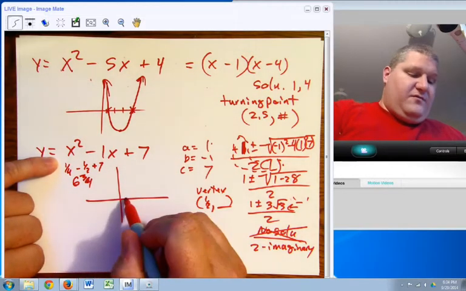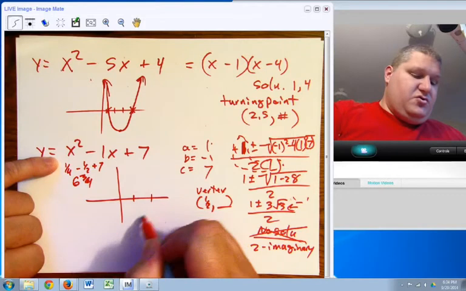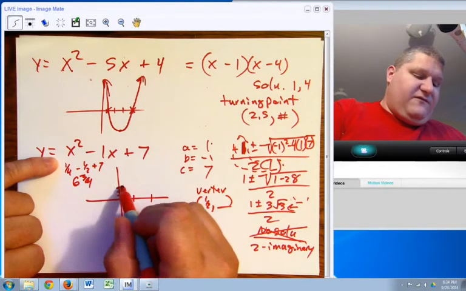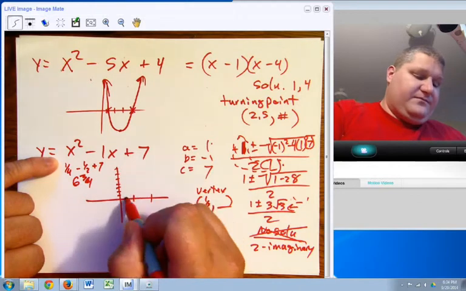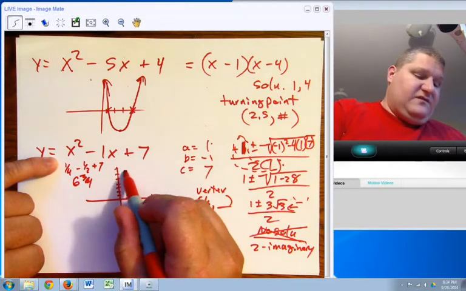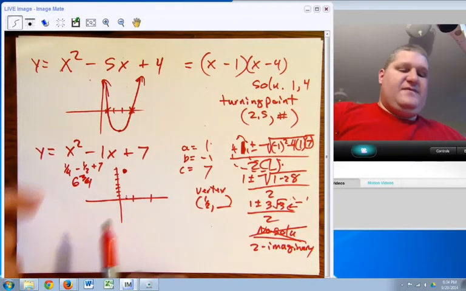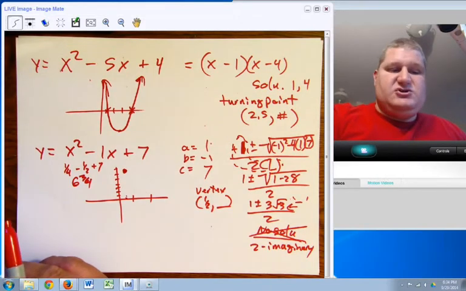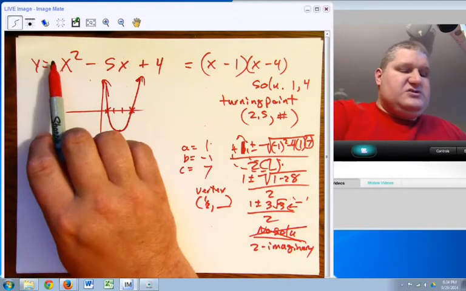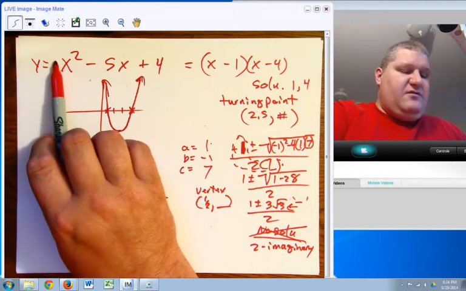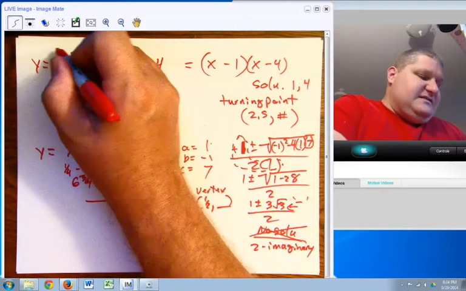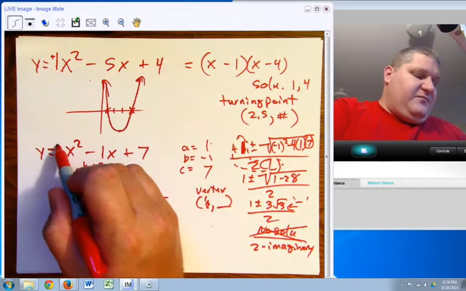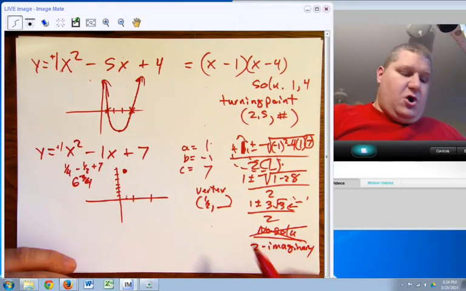So I go over 1, 2, but I'm only going over a half. I'm going up 1, 2, 3, 4, 5, 6, 7. So my vertex is right here. And the other key piece is I mentioned that the leading term test says the orientation. If this leading coefficient is positive, in this case positive 1, unwritten, that means it's going to open up.